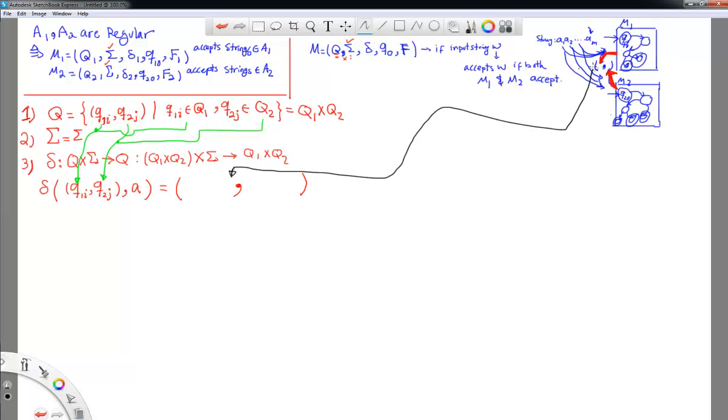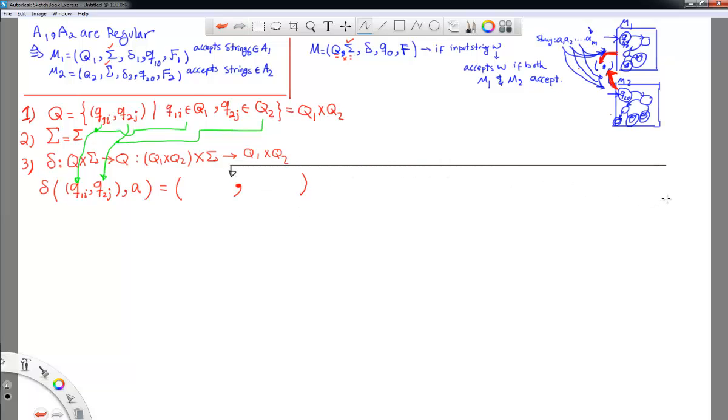The first one should come from the first machine, and then the second one should come from the second machine, right?